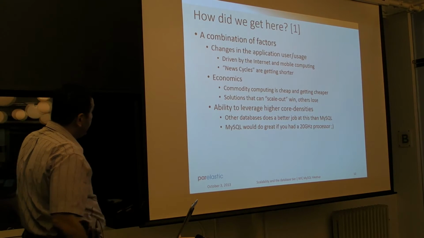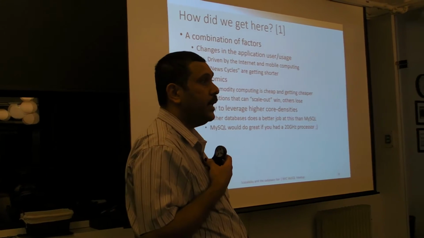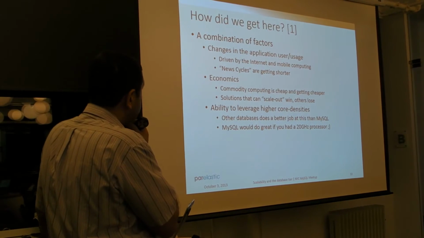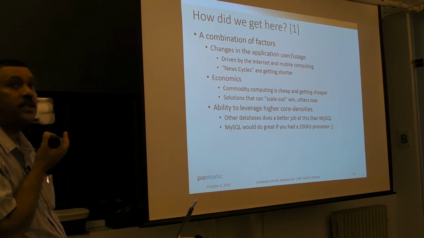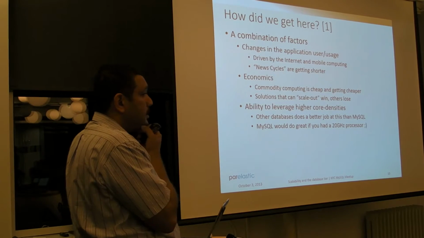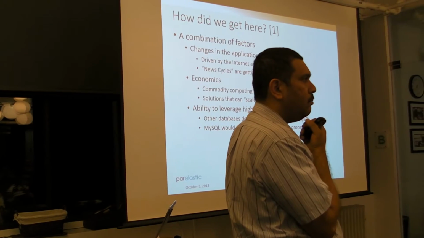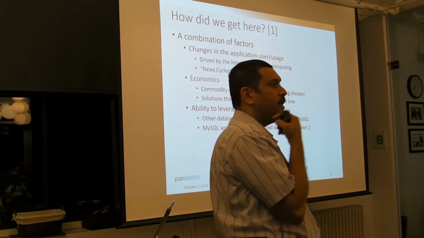So anyway, the first major reason we got here, and I believe there are three, is that application usage has changed dramatically. There used to be a time when news cycles were 1 day. People would listen to the news once a day and they were happy.